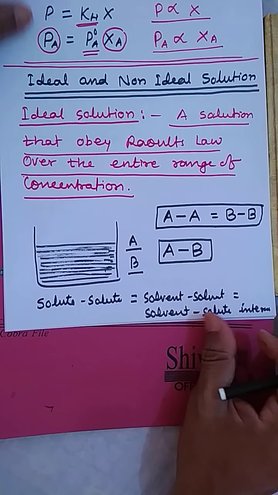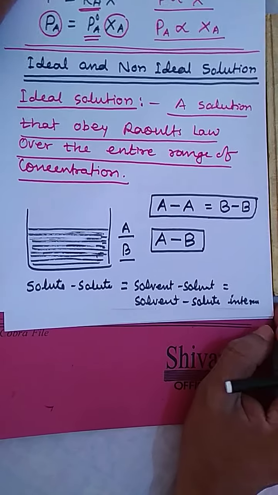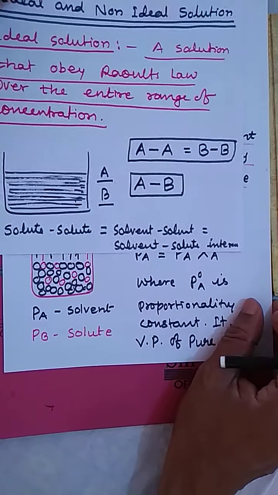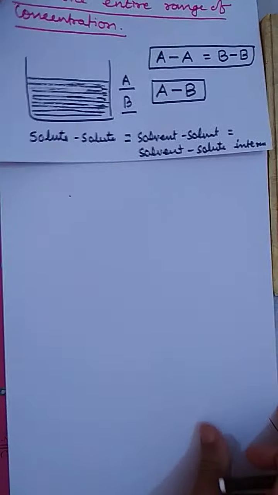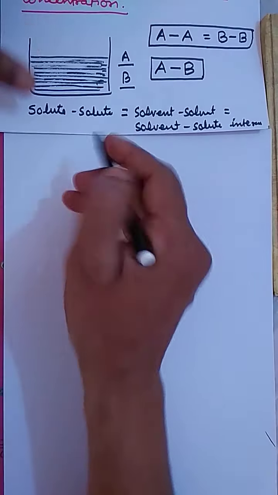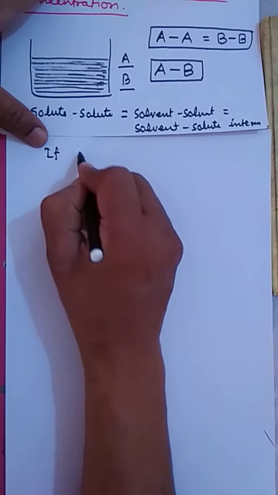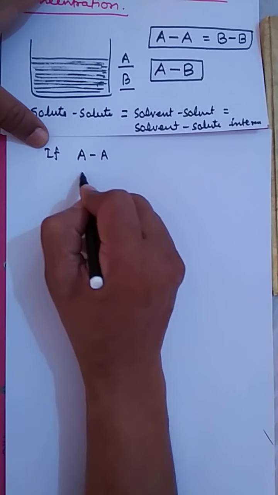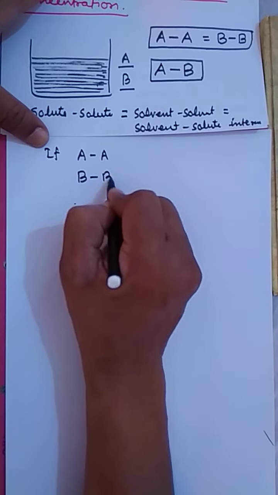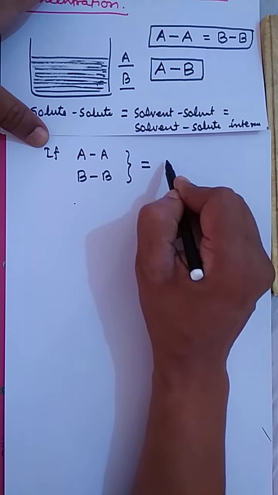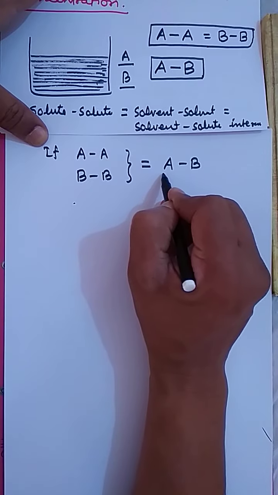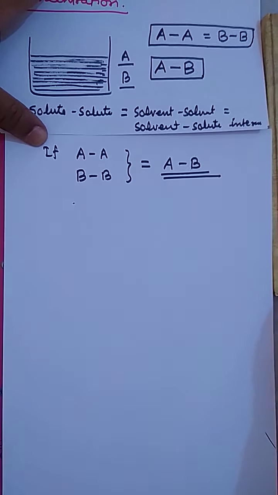This is the condition for ideal solution. Only then the solution must be ideal, right? Now you can write in this way: if AA interaction is equal to BB interaction and this is equal to AB interaction, then solution is ideal.